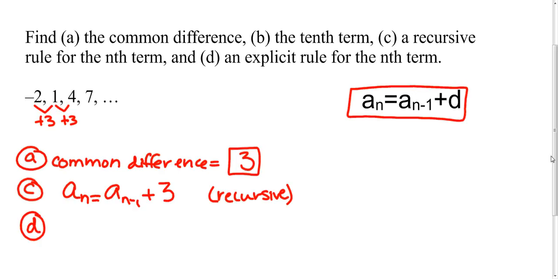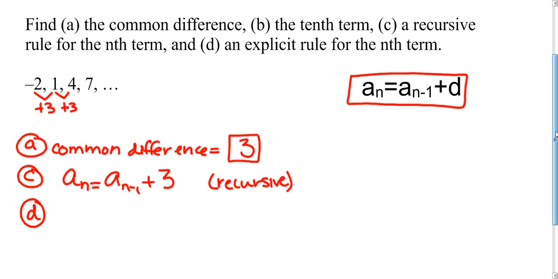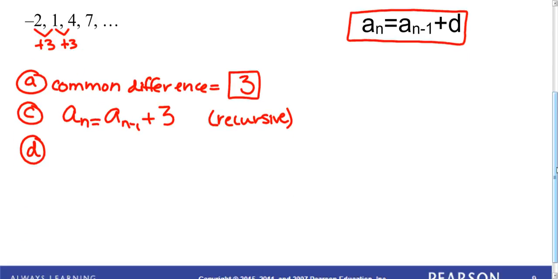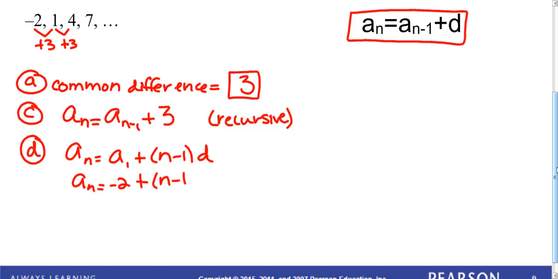Okay, if you look at your notes in that box that you have, the explicit formula goes like this. a_n is a_1, which is the first term, plus (n minus 1) times d. So in this case, the first term is -2. I'm not going to plug anything in for n because I want this formula to be able to be used for any term number.